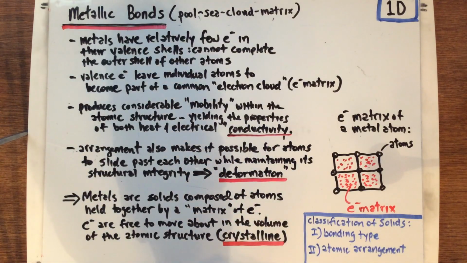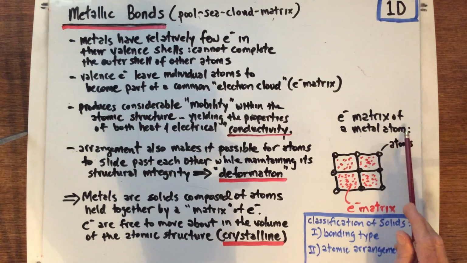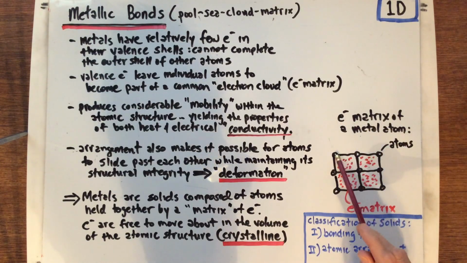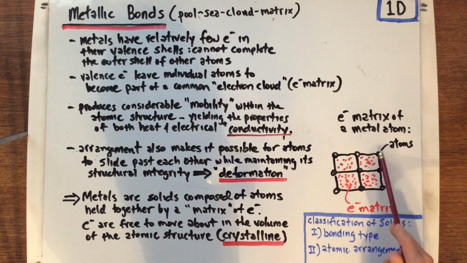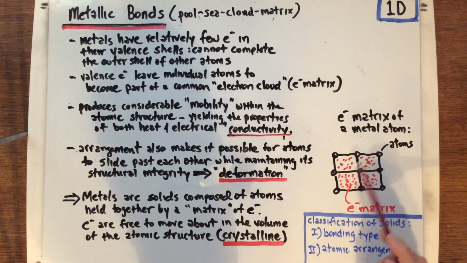And I've shown here an electron matrix of a metal atom, where these circles look like lattice sites. These circles are the actual atoms, and then in between are all these given up electrons in what we're calling the electron matrix, or this cloud.